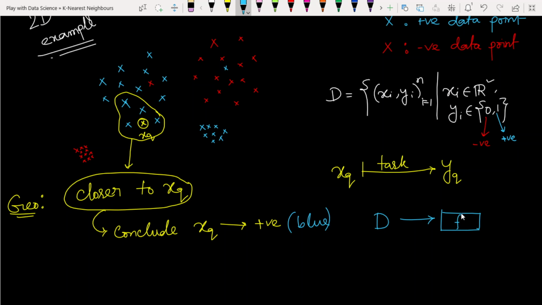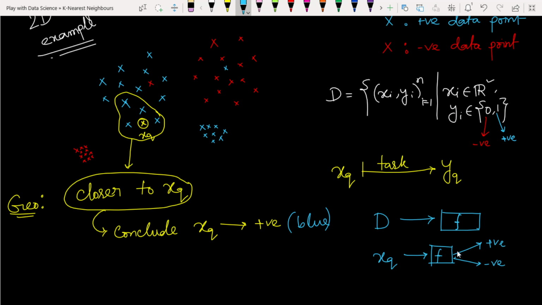Let's call our model f. From our data set we have a query point. Using this f, we have to decide whether this query point is positive or negative.